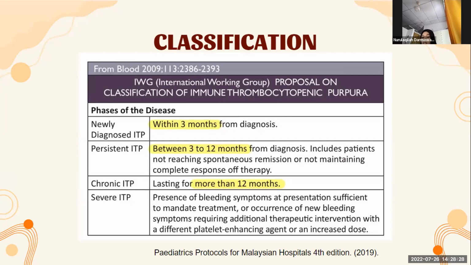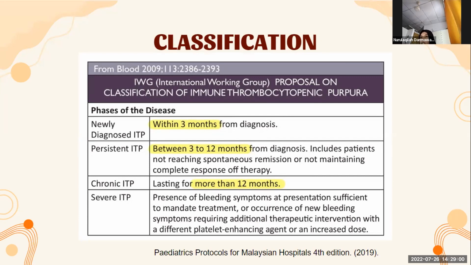According to its protocol, ITP is classified based on the phase of the disease. For newly diagnosed ITP, it occurs within 3 months from diagnosis. While for persistent ITP, it occurs between 3 to 12 months from diagnosis. It includes patients who do not reach spontaneous remission or do not maintain complete response to therapy.